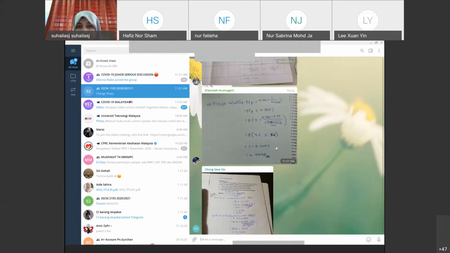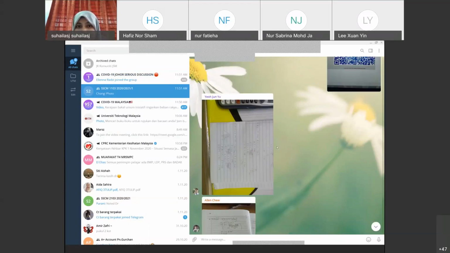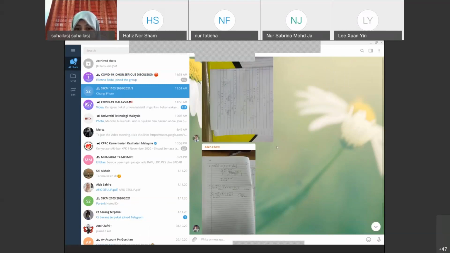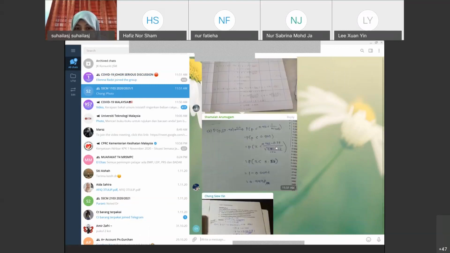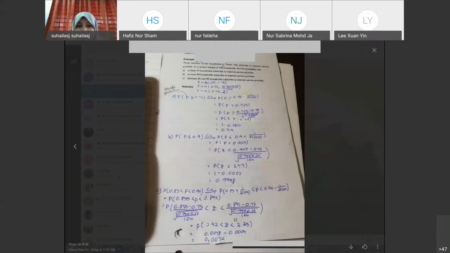Okay, so we refer to some of the solutions in Telegram. You can see my screen, right? Let's take the one that is clearer and bigger, the last one, Chong Siu Yin. The question is at most 90 households, so that means 90 divided by 100.